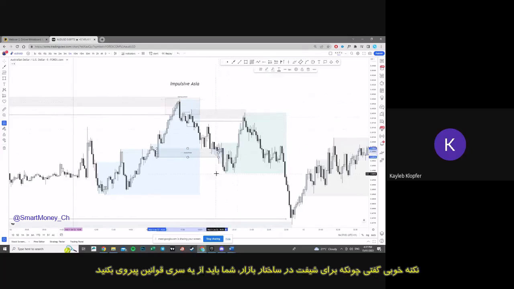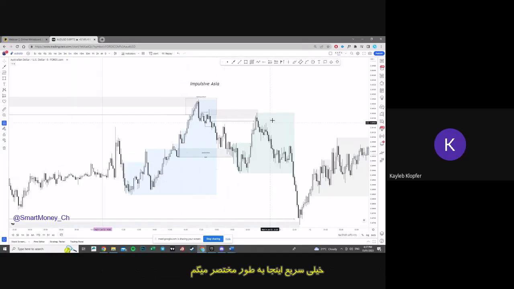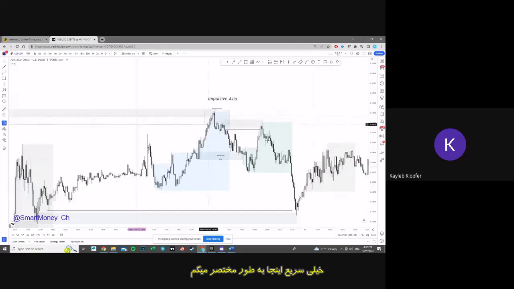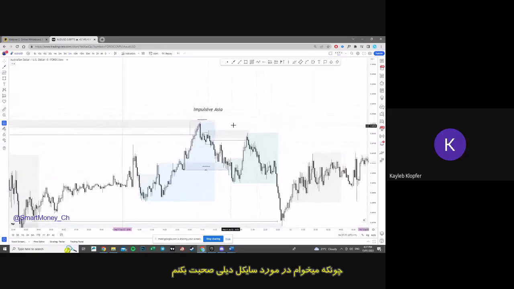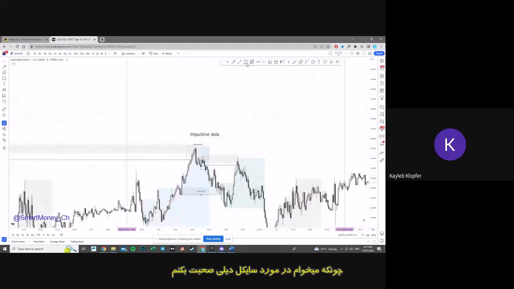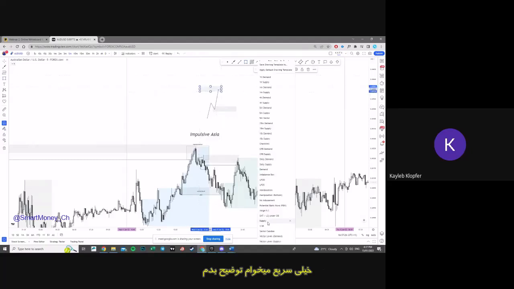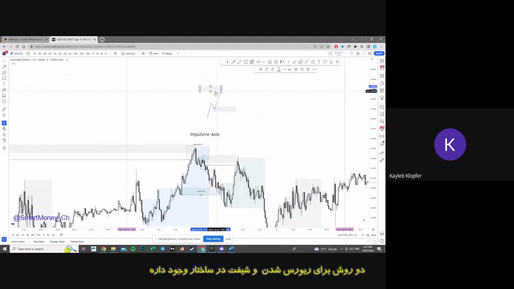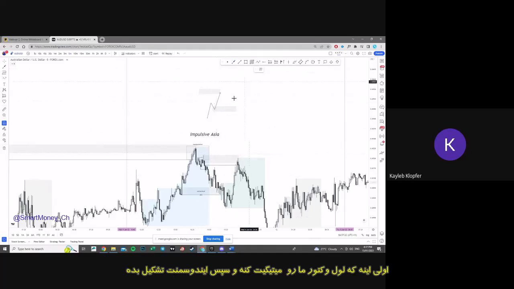Because for a market structure shift to be valid, you do have to follow some rules. I will very quickly summarize it in here because I do want to go over the daily cycle. But just quickly, if we have a vector level, which is here, for example, and then we tap into our order block, there's two things we can do to get a reversal, which is for a market structure shift.